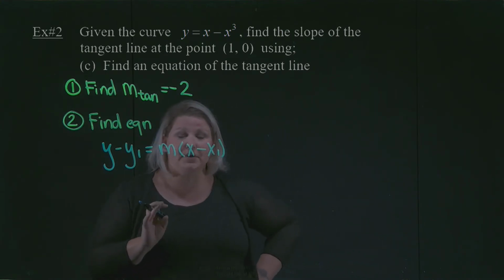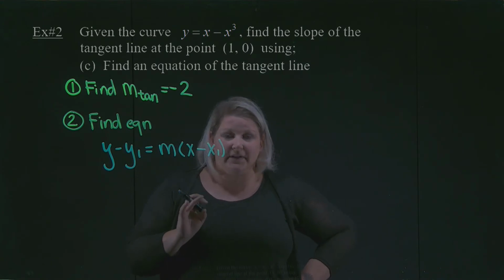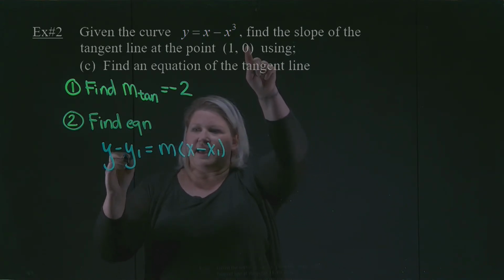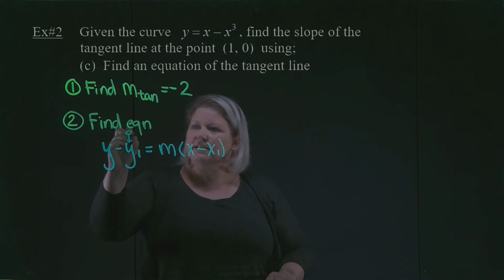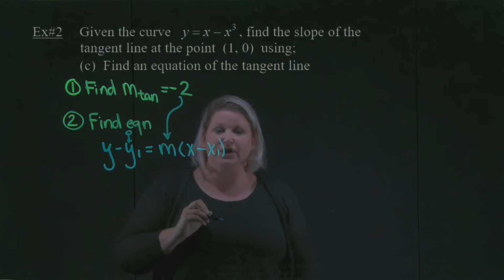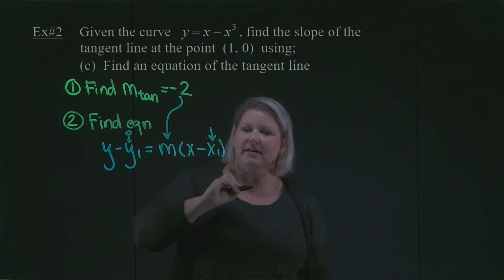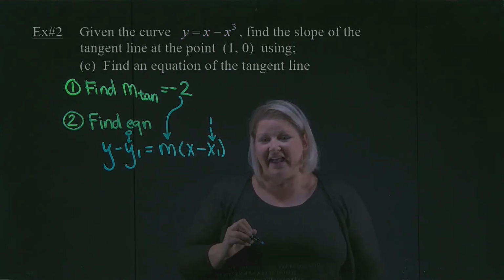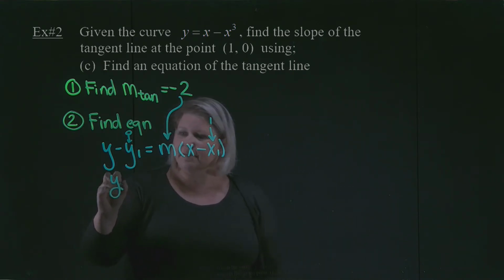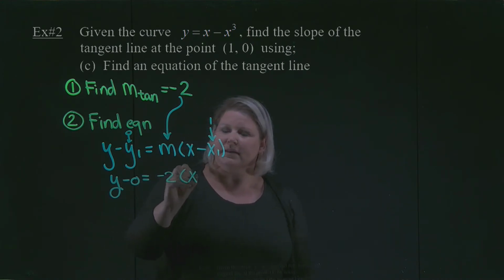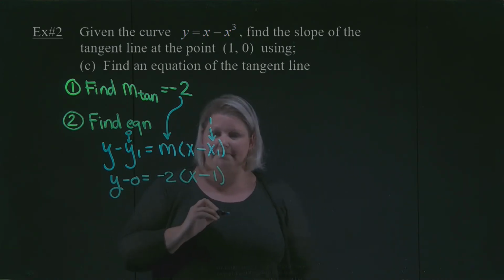I use the point slope formula and the point that I've been given. So my y coordinate, that is 0. I'm going to plug 0 into there. My slope of the tangent is negative 2, so I'm going to plug that into there. And my a value, which is my x value of my coordinate, that's going to be 1. So I'm going to end up with y minus 0 equals negative 2 times x minus 1.